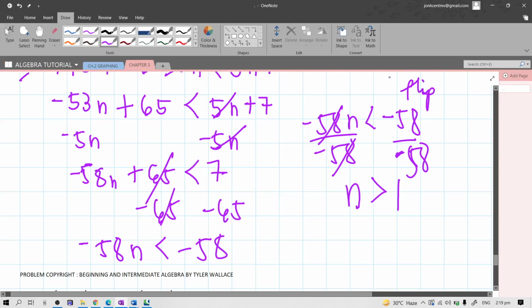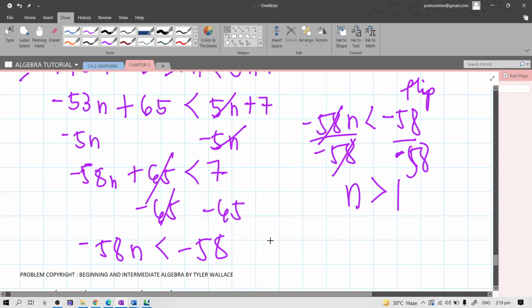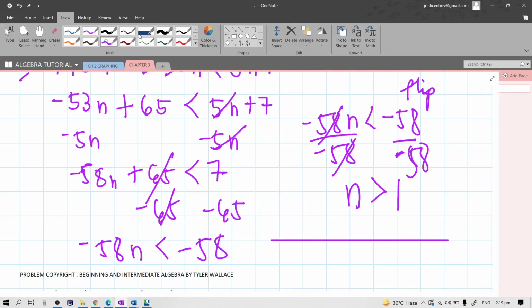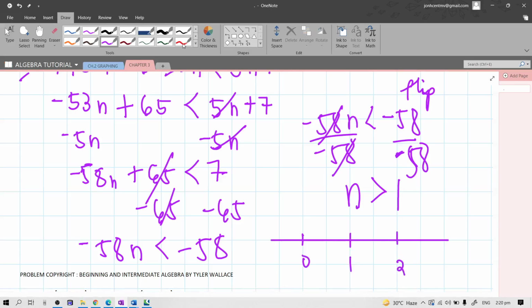Okay? So, if we graph it, okay. So, graph natin siya. So, greater than daw kay 1. So, numbers greater than 0, 1, 2.